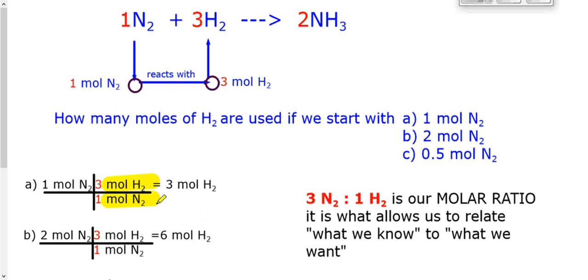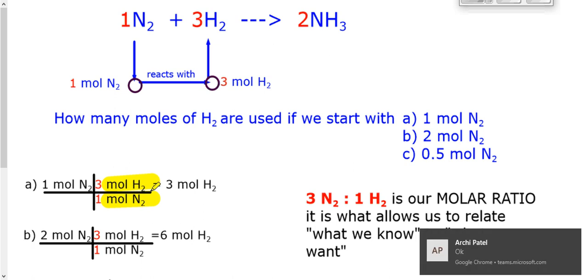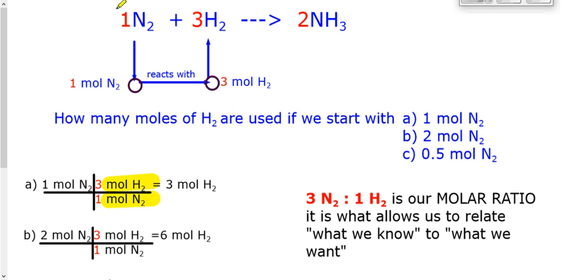Remember, we're always putting the unit we're getting rid of on the bottom and the one we want on top. When our top and bottom relationship is moles to moles, this is where we use the balancing in the equation. Beside nitrogen is the number 1, so beside nitrogen I put the number 1. Beside hydrogen is the number 3, so beside hydrogen I'm going to put the number 3.